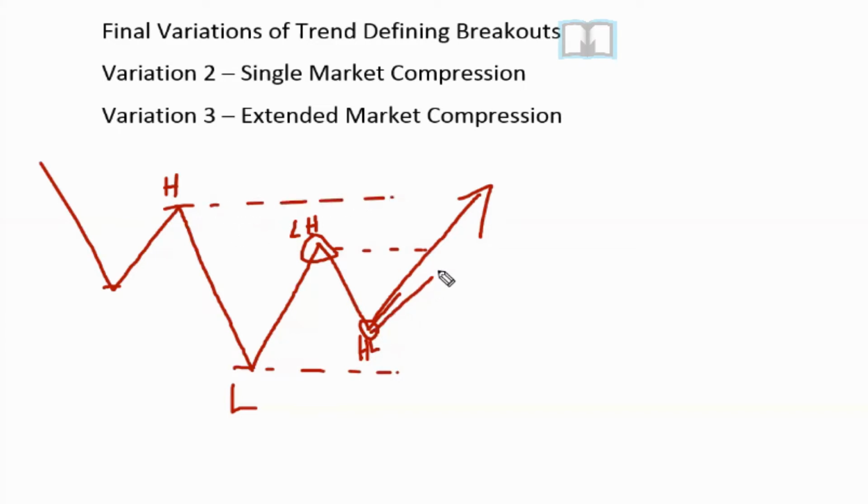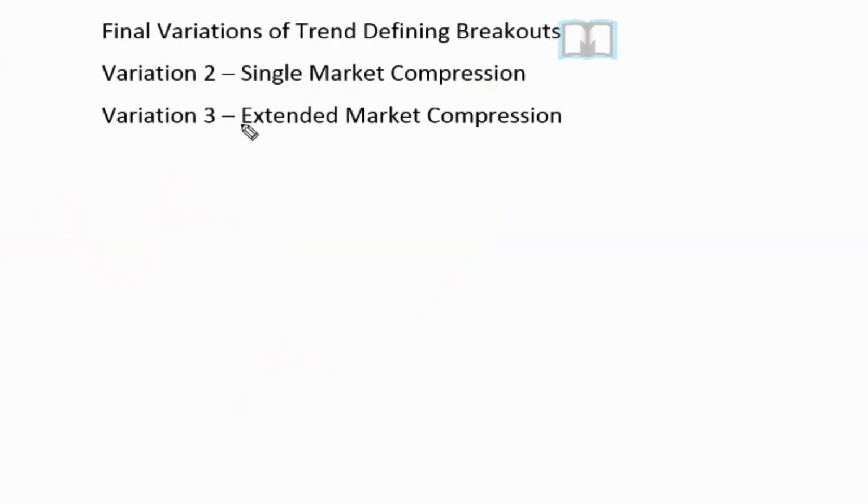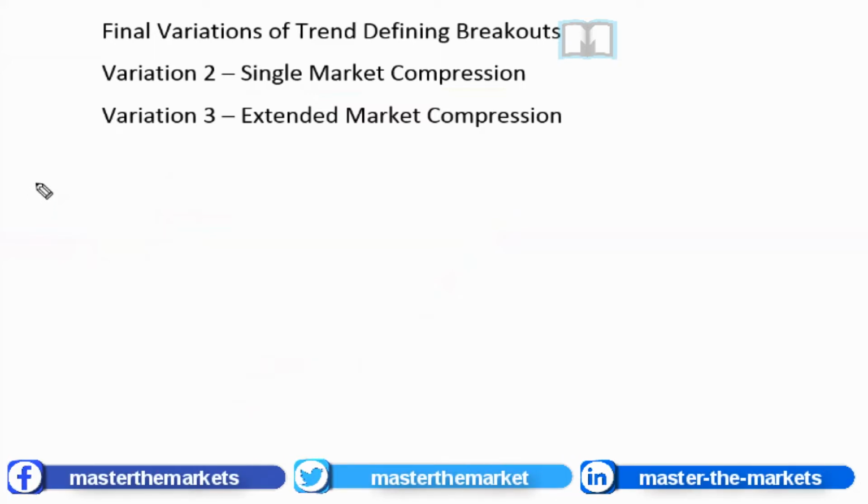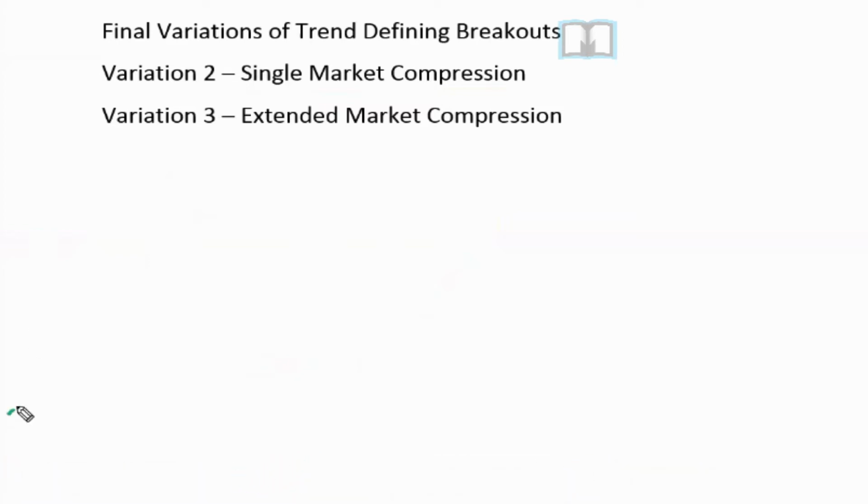And then once the compression phase is finished, we have a breakout to the opposite side. So this is again a single market compression. Now, an extended market compression, all we're doing is extending that for two more tops and bottoms. So let's do that now for an uptrend.